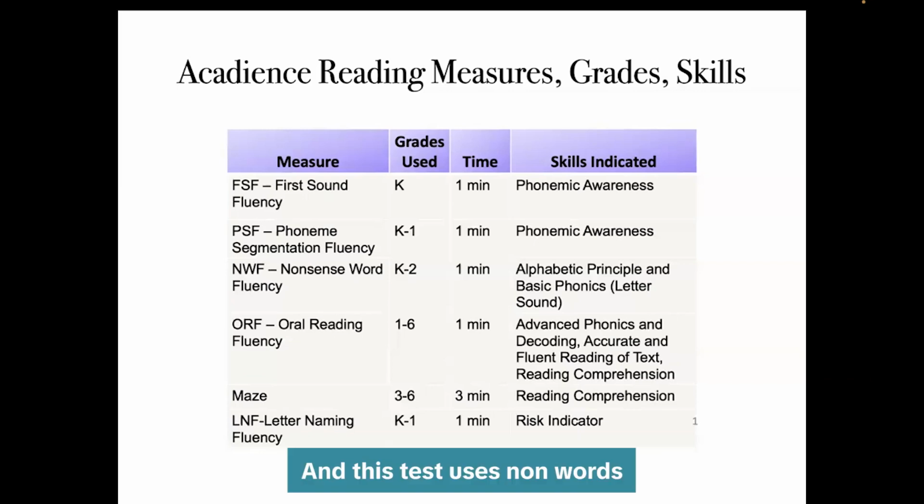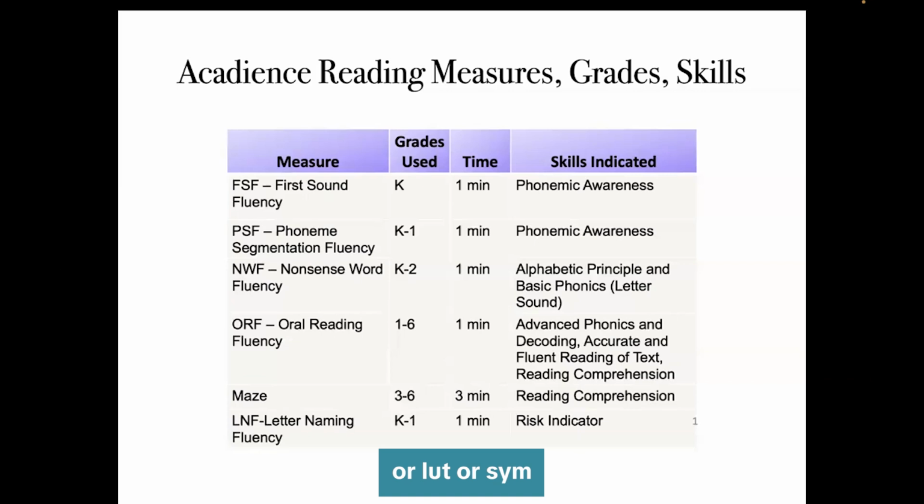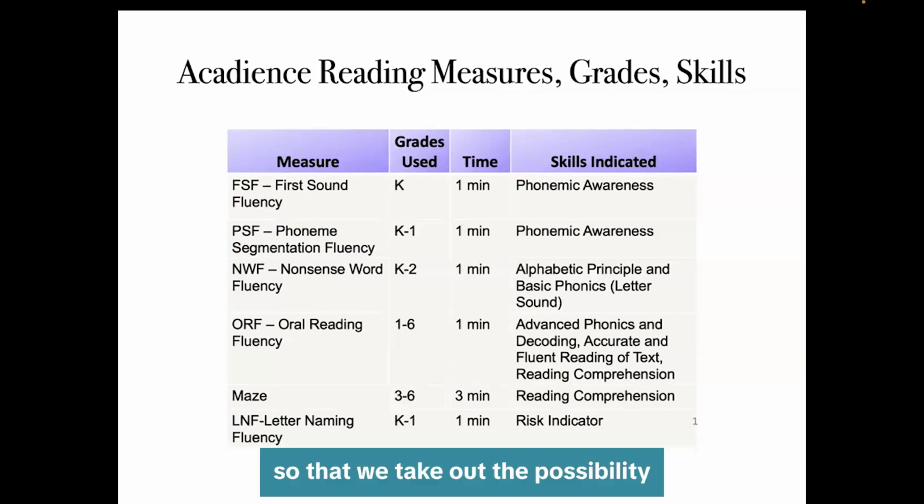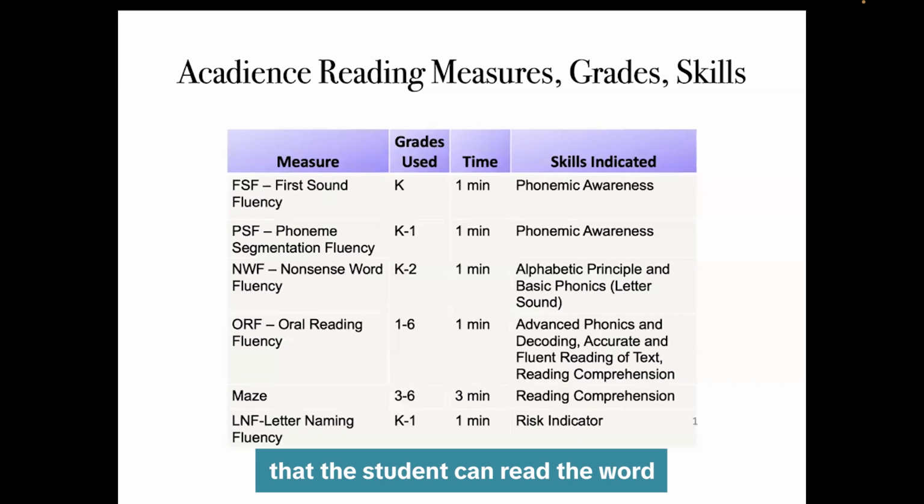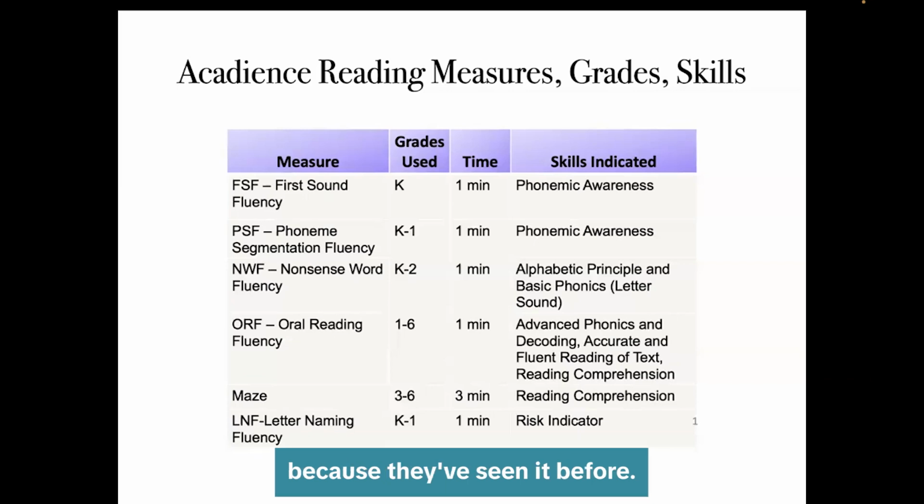And this test uses non-words, words that aren't real, words like diff or LUT or sim, so that we take out the possibility that the student can read the word because they've seen it before. That might happen if we used real words.